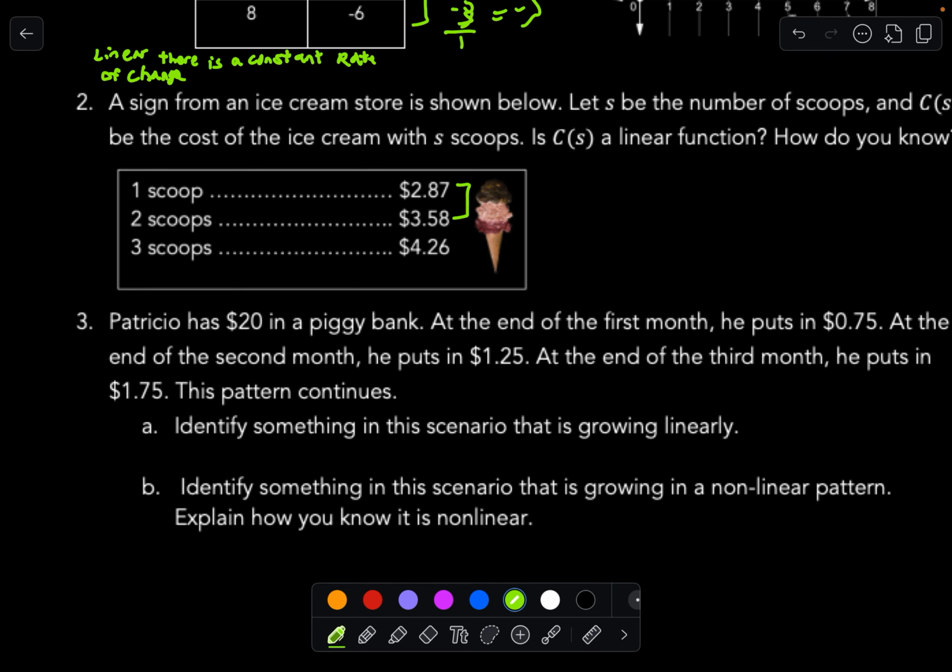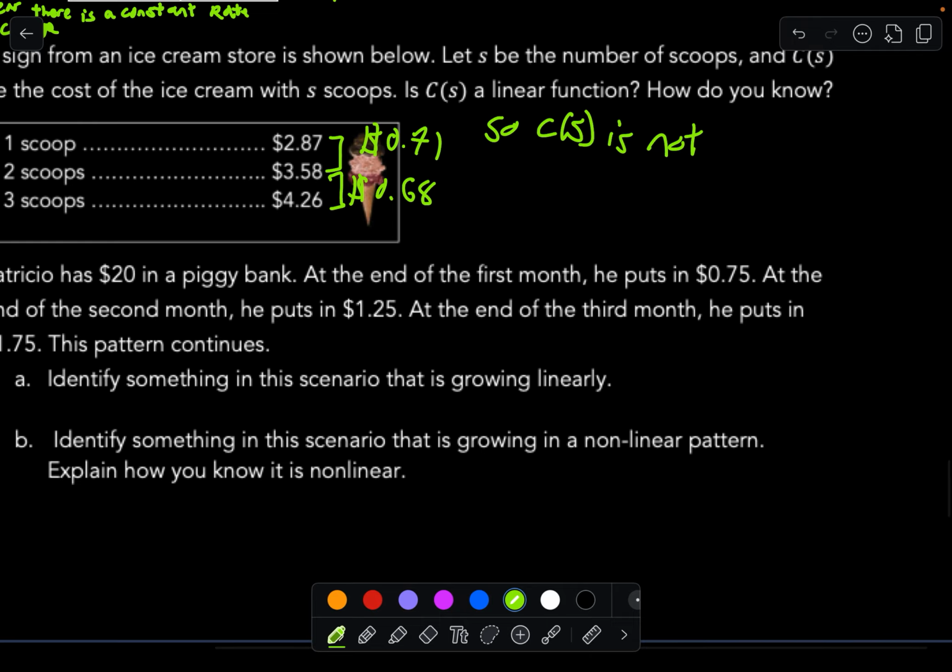So going from 1 scoop to 2 scoops, we increase the cost by 71 cents. But when we go from 2 scoops to 3 scoops, we increase the cost by 68 cents. So C of S is not linear because it's not a common rate of change.